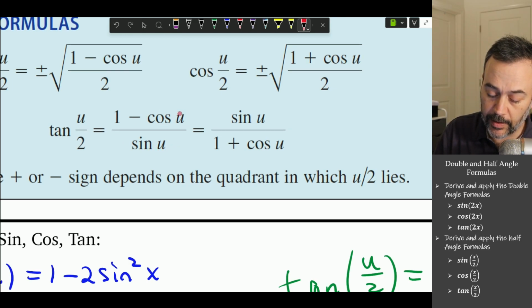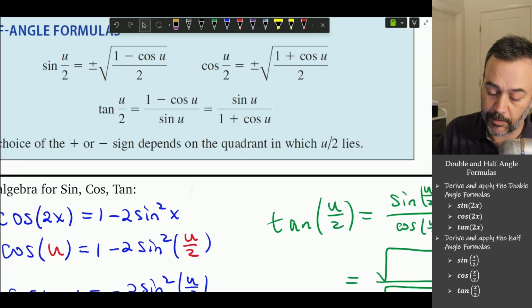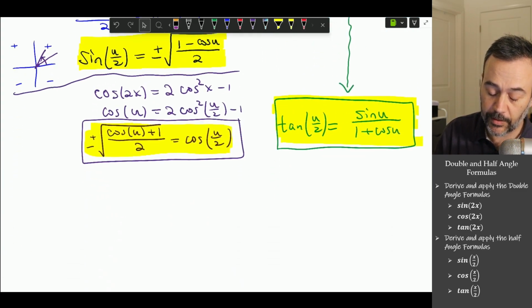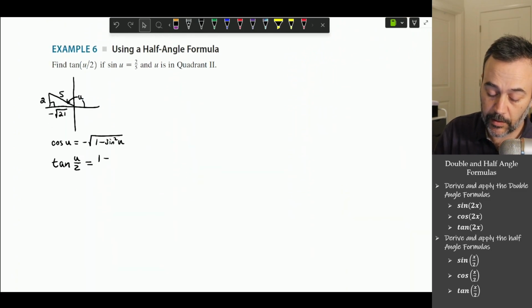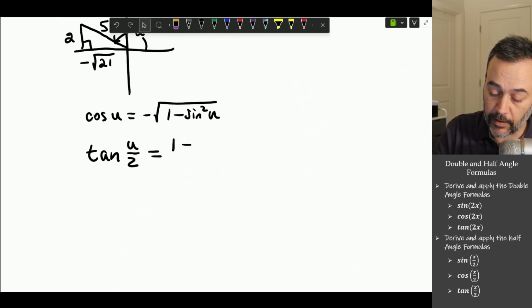And we're going to use this one on this problem, 1 minus cos u over sine u.